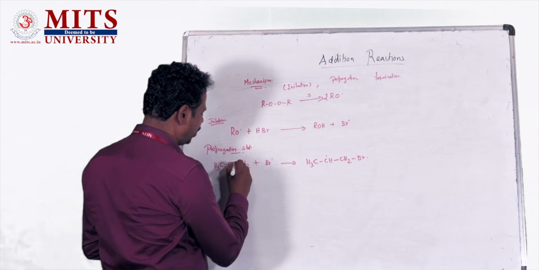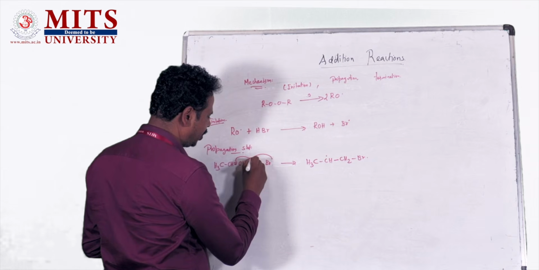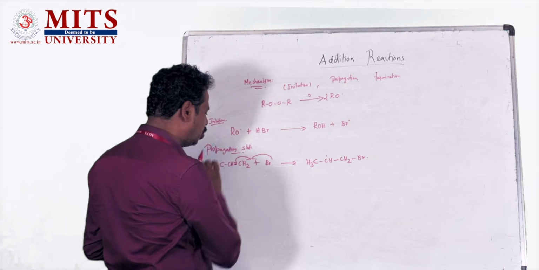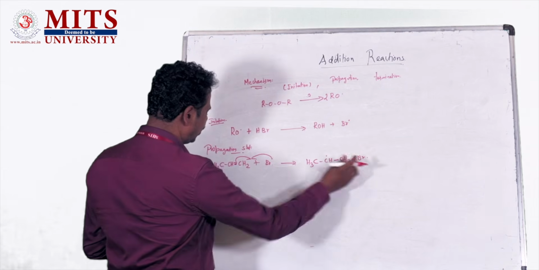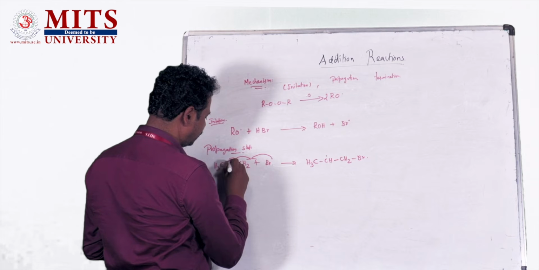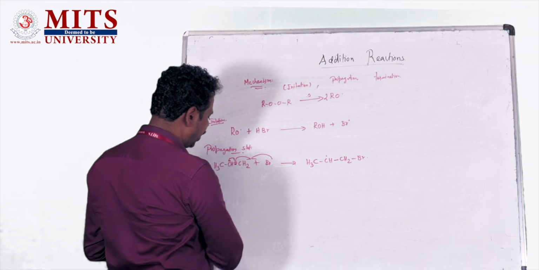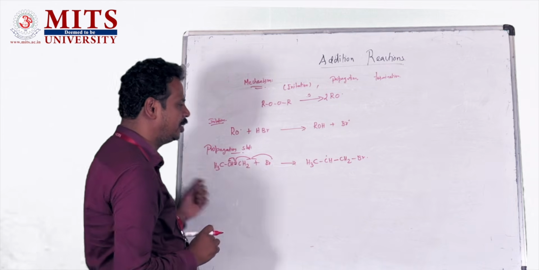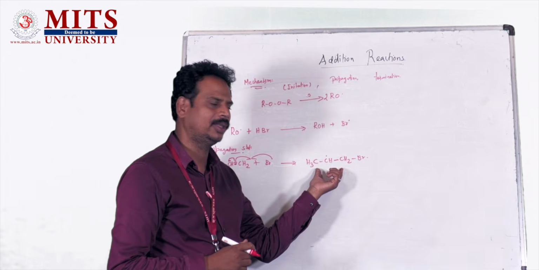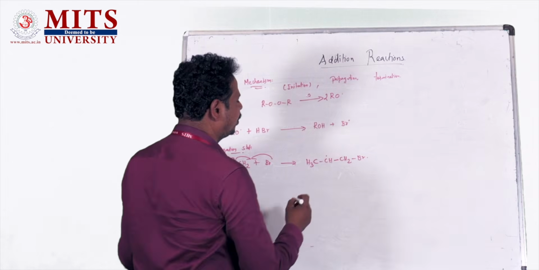One of the atoms, the bromine radical, moves here and forms CH2Br, and then one more electron goes over onto this carbon, and this forms a radical here. This radical is a secondary radical.